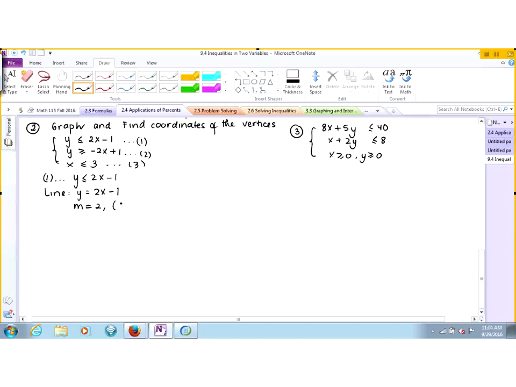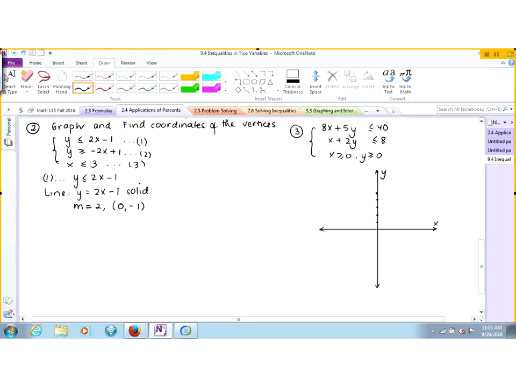And then the y-intercept is? Okay. Then is this line solid or dashed? Okay. That's it, right? Now I'm graphing here. So for the third problem, I have to do it on a different page.